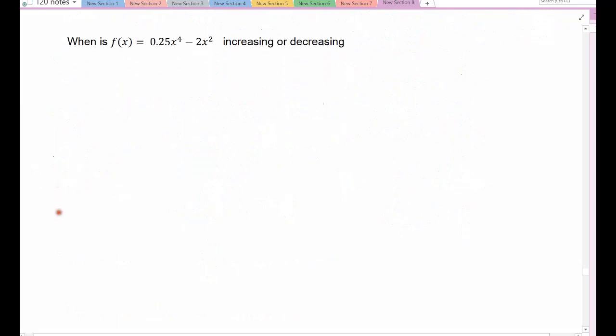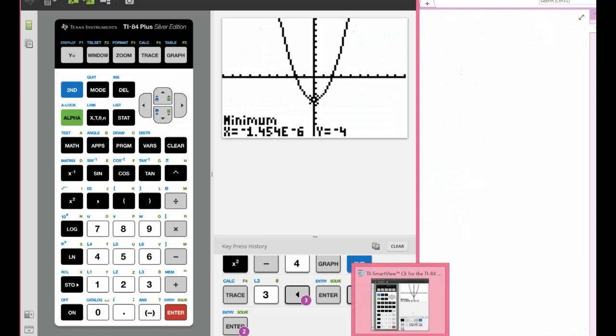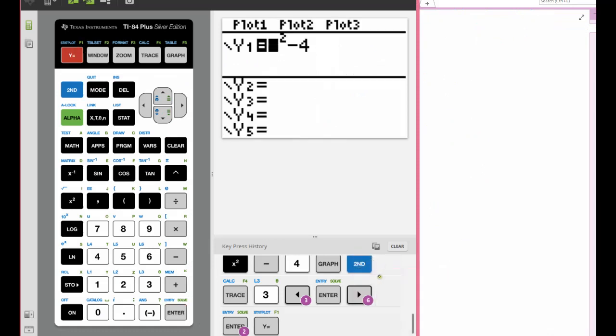Alright, next example. Alright, this is a 4th degree function. This is going to be a little more complex. So again, type it in the calculator, so clear that out.